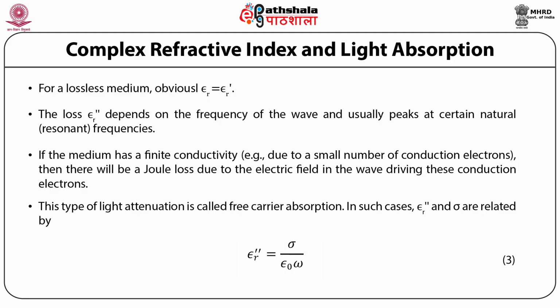In such cases, epsilon r double prime and sigma are related by epsilon r double prime equals sigma by epsilon 0 omega, where epsilon 0 is the absolute permittivity and sigma is the conductivity at the frequency of the electromagnetic wave.